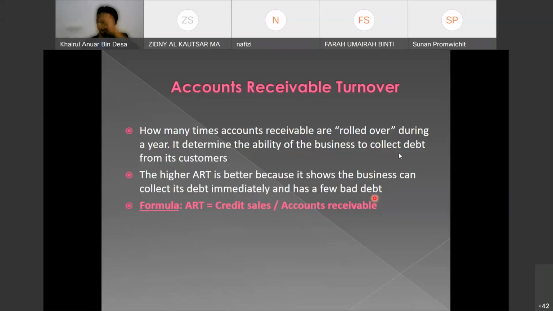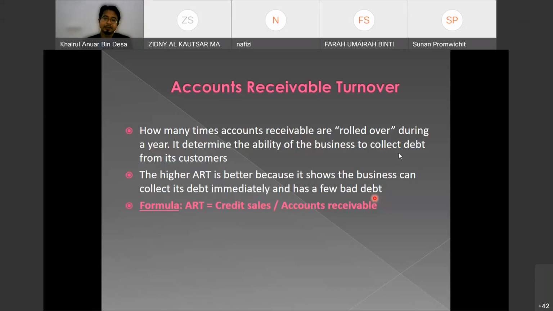Credit sales meningkat. But collection department must synchronize with the sales department. Collection department also perlu mengutip. Barulah account jualan kredit tadi akan menurun. Perlu balance.